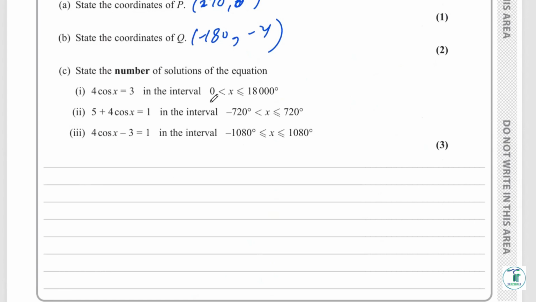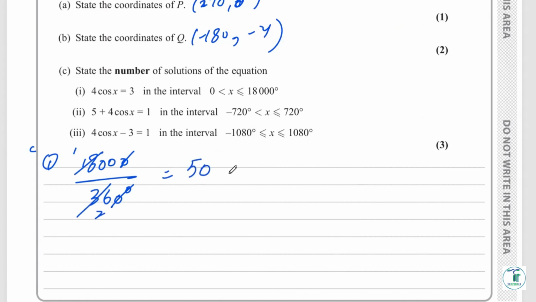So we have got 0 to 18,000, right? So for the first part, 18,000 divided by 360 comes out to be 50.